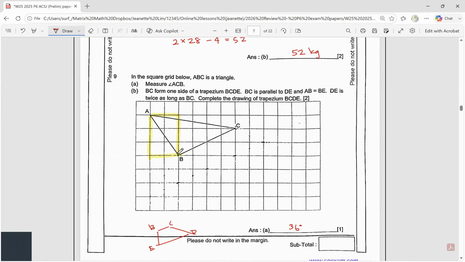So B to E must also cut across 6 squares. So we can do this. Again, use your ruler. I can't use my ruler here. Like that. It cuts across these 6 squares. So this will be point E.